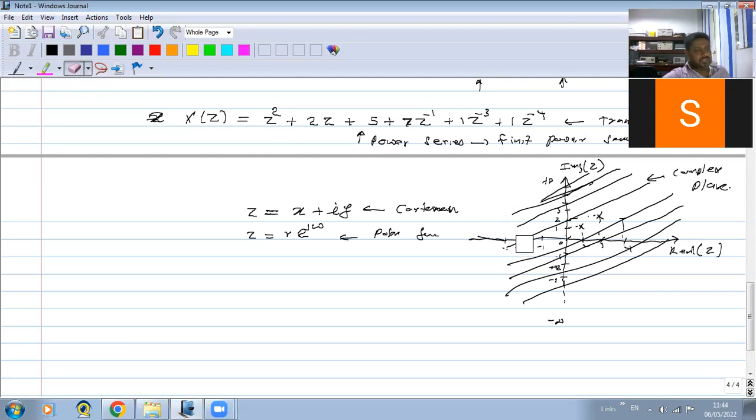You may still wonder why we need several transformations for analysis, but as we continue you will see that this transformation simplifies our analysis and design. Anyway, this is a complex plane, so I will write this again.